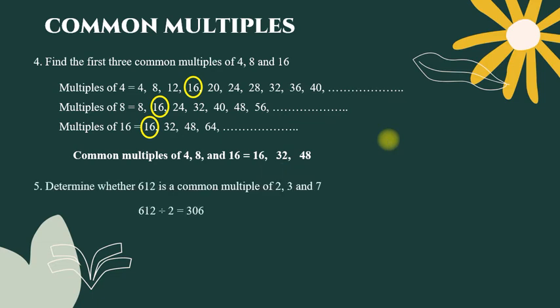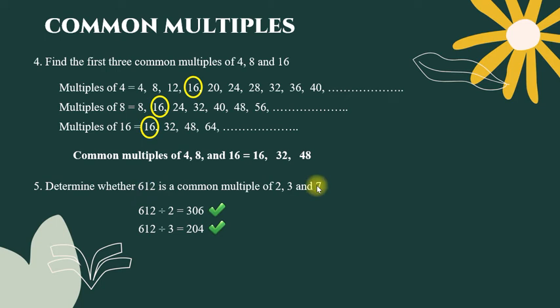Next, determine whether 612 is a common multiple of 2, 3 and 7. If we want to determine whether the number is a common multiple or not, we have to divide, one by one. Can 612 be divided by 2? Can. You get 306. Can 612 be divided by 3? Can.